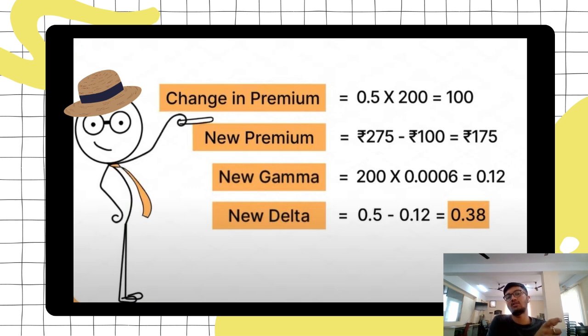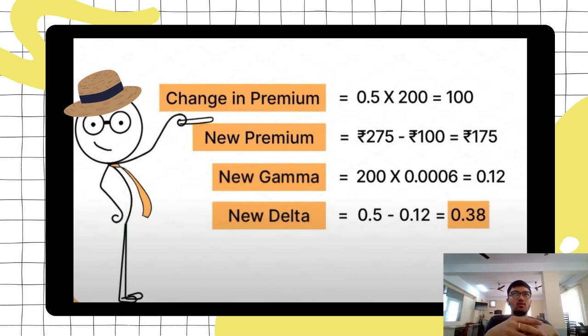So now the 17,700 call, because the market has moved down and is trading at 17,500, the delta will be less. So now it is out of the money, right? That is what I was trying to tell you from the first time.